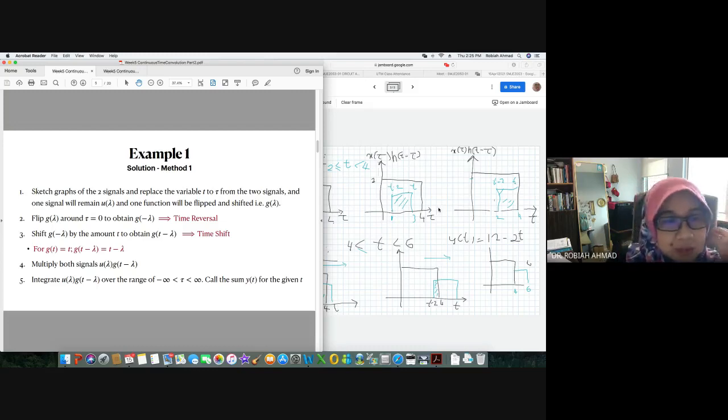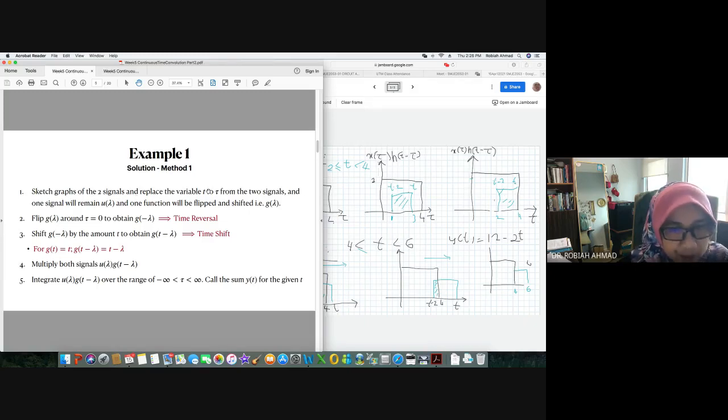I will proceed today with examples on the unit function with sawtooth or triangle, and then if time permits, the unit with exponential. Okay. So again, these are the steps for convolution.